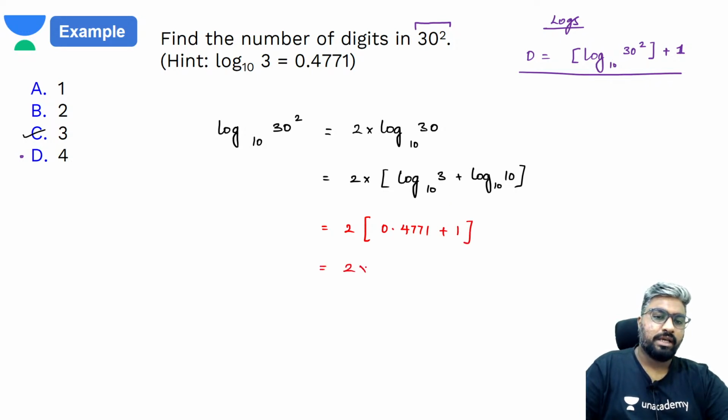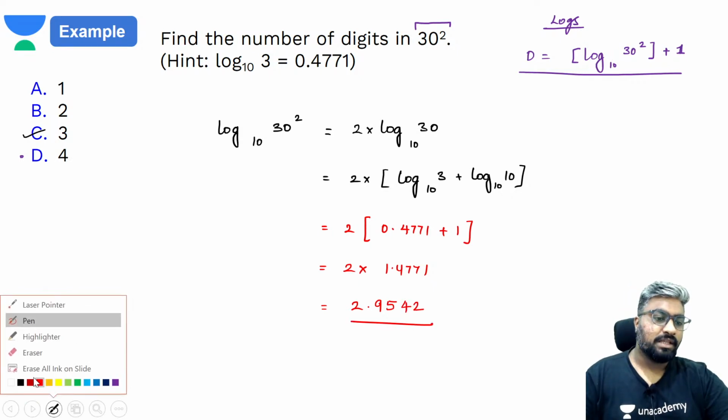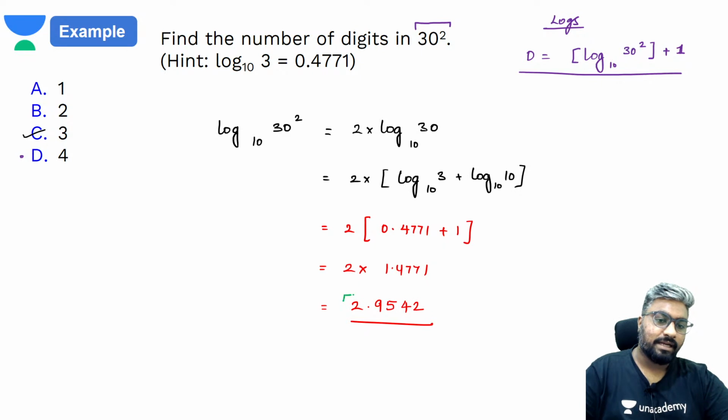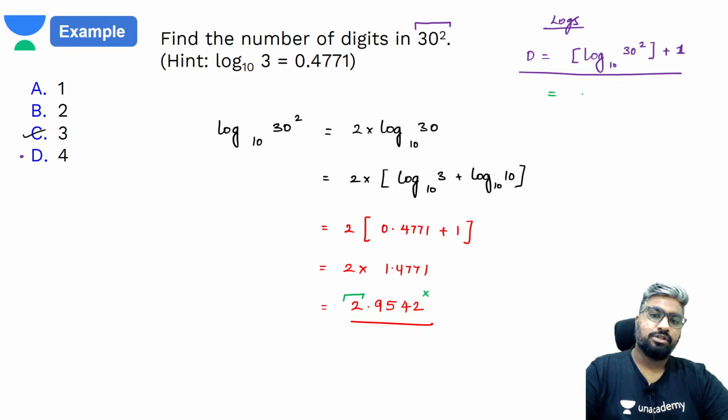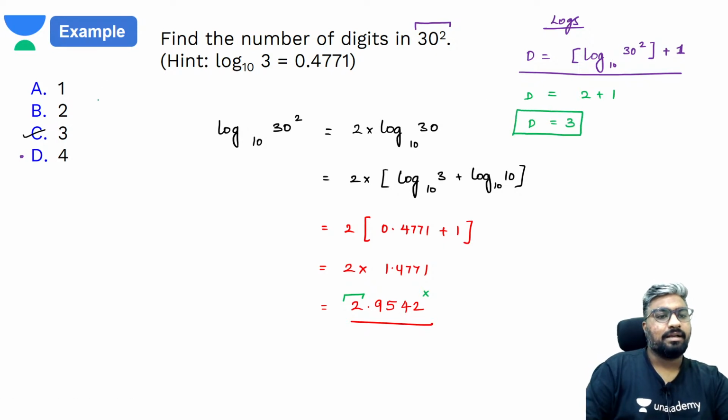So you get 2 into 1.4771, which is 2.9542. Correct? From this, what do we want? We want only the characteristic, not the mantissa. So take 2, add 1 to it, you will get the number of digits. This is 2 plus 1, so the number of digits is 3. You know that 30 squared is 900, so there are 3 digits to it.